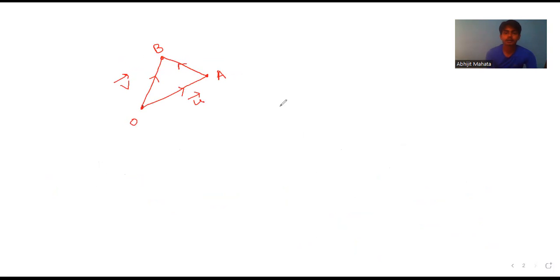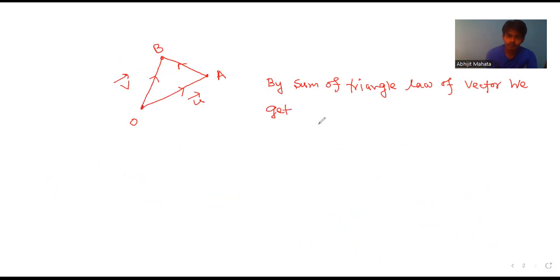See, by the triangle law of vectors, we get, clearly, OA vector plus AB vector equal to nothing but the OB vector.